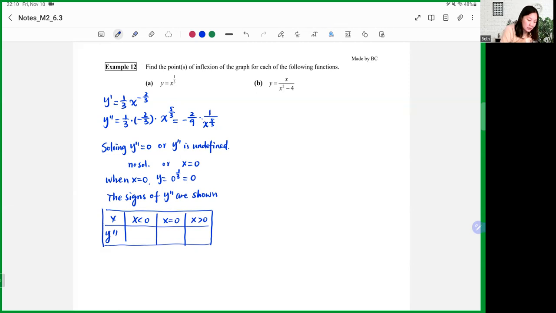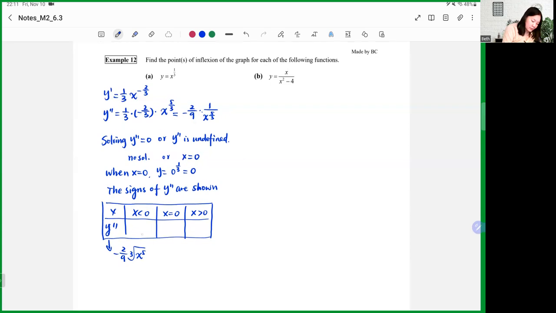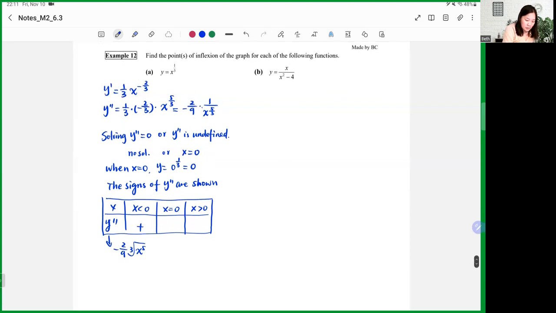Now this one, believe it or not, is actually, let me write it here, -2/9 times the third root of x to the power 5. So when x is negative, this answer is positive. Sorry, that was wrong.